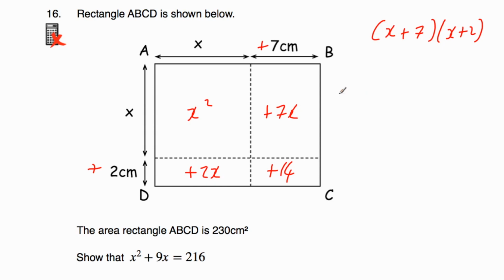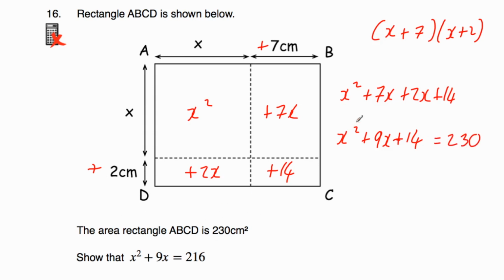So the area of this rectangle would be x squared plus 7x plus 2x plus 14. And then if we collect our like terms, so our 7x plus 2x is 9x, so that would give us x squared plus 9x plus 14. So that is the area of this rectangle. And that's equal to 230. So we're going to then write equal to 230.